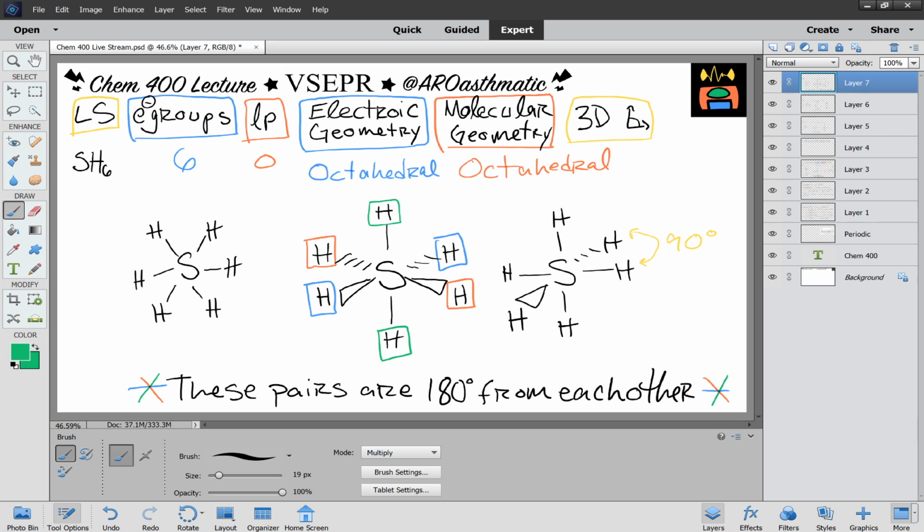And knowing those positions and that they're 180 degrees apart will be important, not for our next geometry, but the geometry after that.